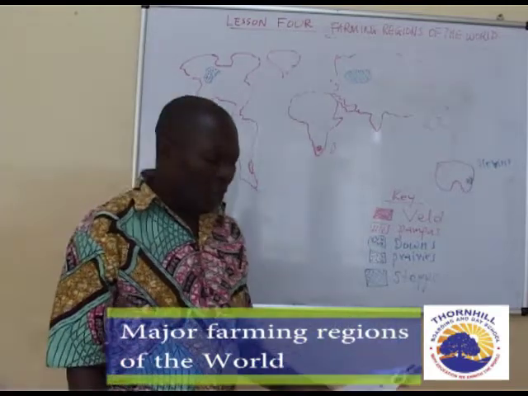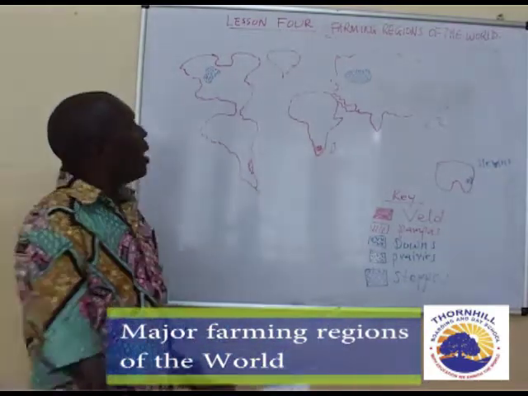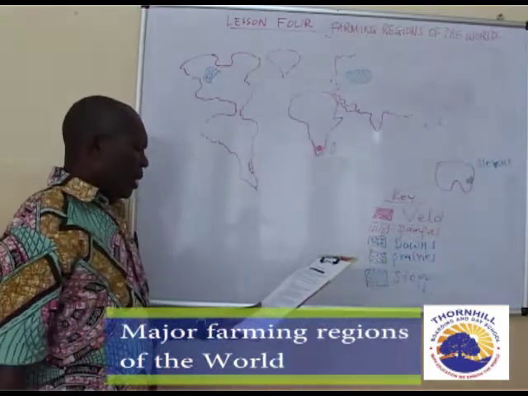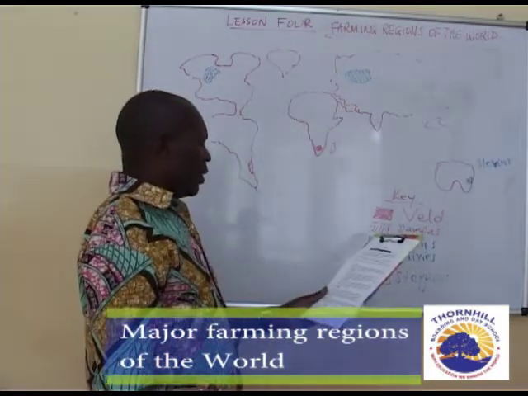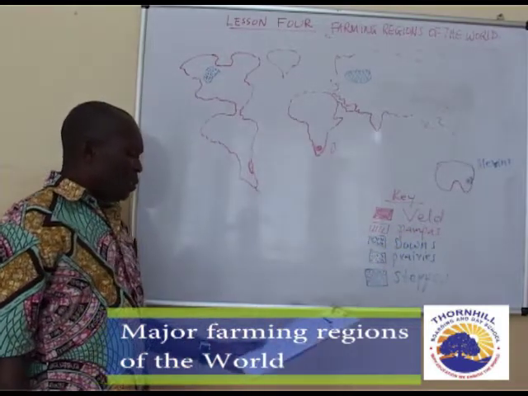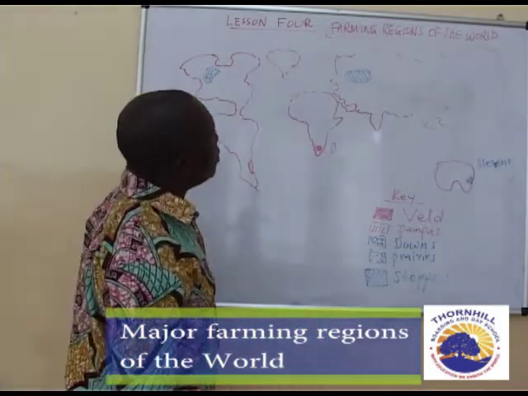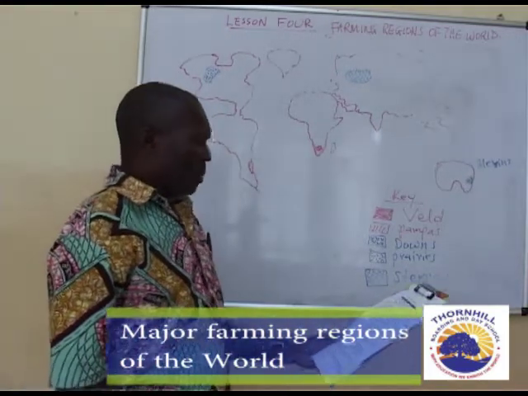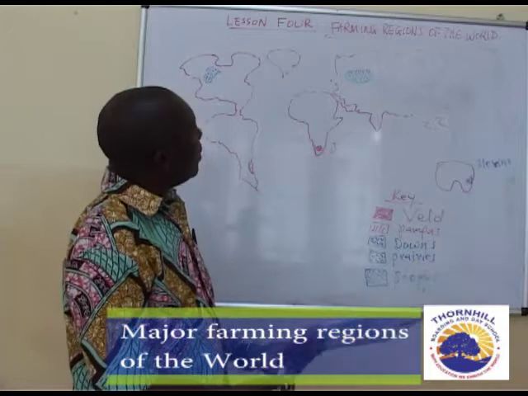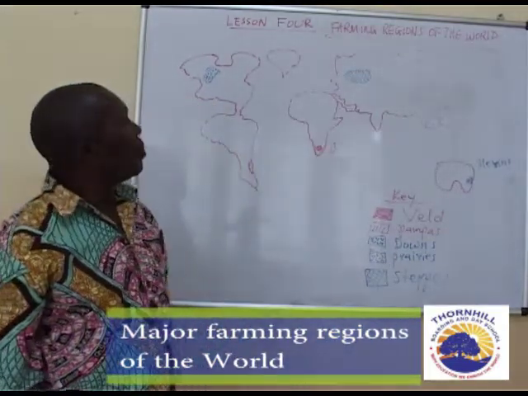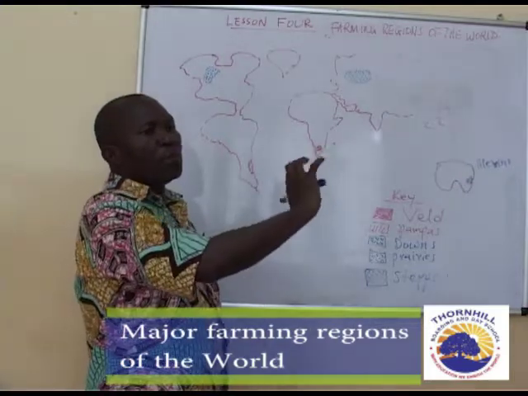But wheat is grown in the fertile soil around the Black Sea and the Ukraine. But further east, where the soil is poor, sheep are also kept. That is about the steppes where we have these nomads who move from place to place.